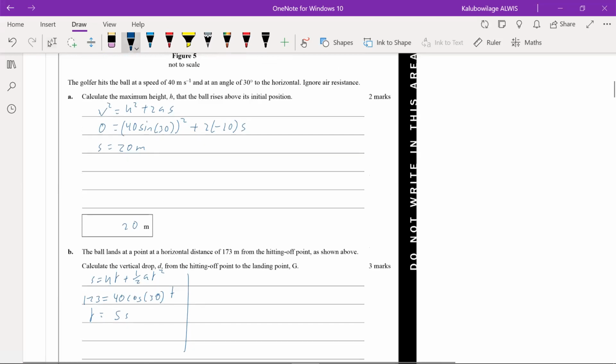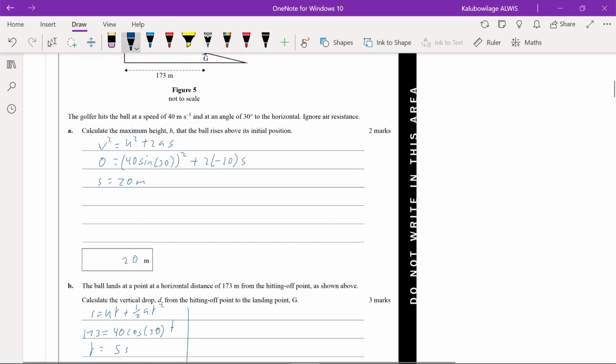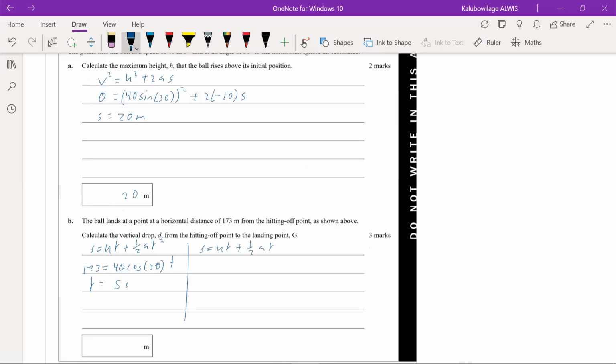To find d, again we put in the constant acceleration formula.